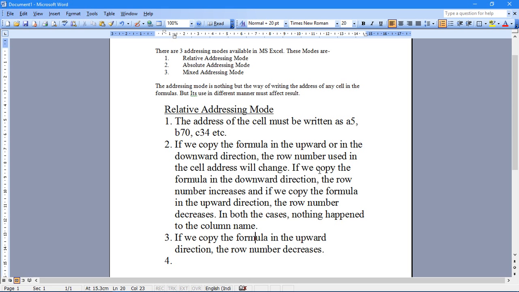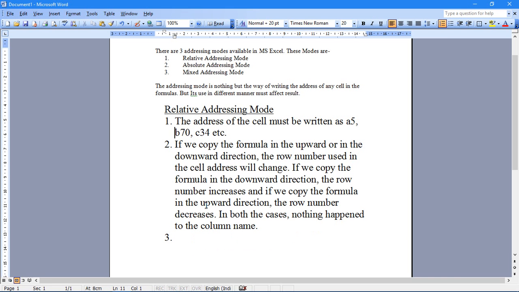What kind of change? If we copy the formula in the downward direction, the row number increases. But if we copy the formula in the upward direction, the row number decreases. But in both these cases, what happens to the column? Nothing. The column name is not changed. Okay?